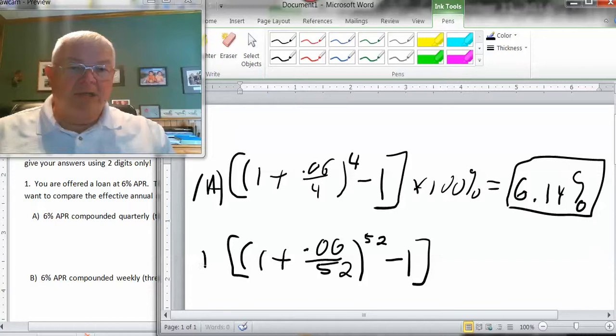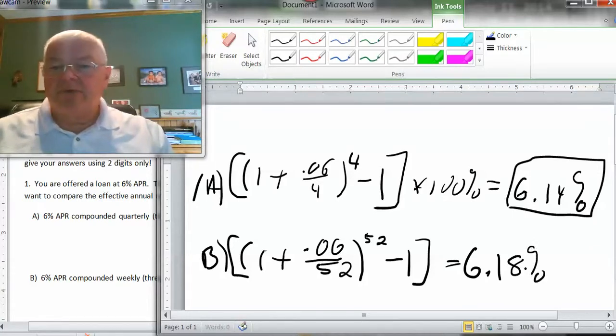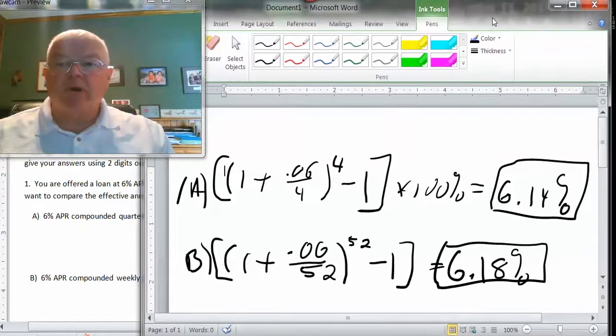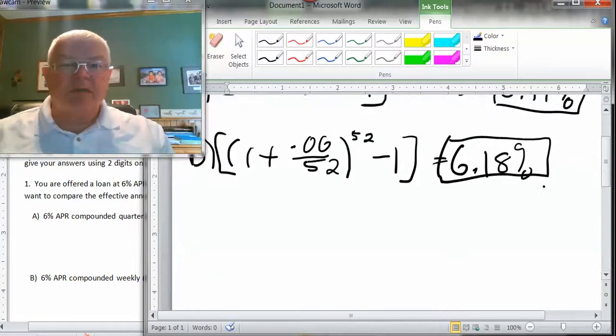And this is B. And that's times 100%. And so now I get 6.18%. Not a huge difference, but of course, as we get to higher interest rates, there will be progressively more of a difference in the numbers. But still, it's costing us more the more we compound it.